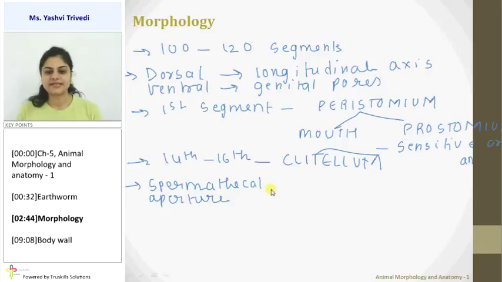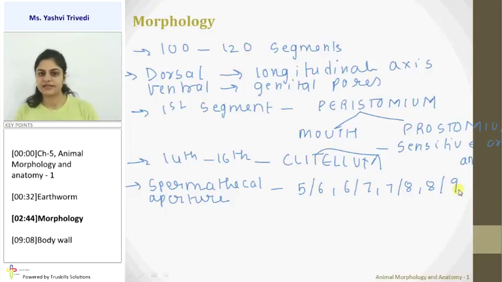Spermathecal apertures are present in the intersegmental septa on the ventrolateral side of segments 5-6, 6-7, 7-8 and 8-9. That means between these two segments the septa are there, and over there on the ventrolateral side a pair of spermathecal apertures will be there. So in total there are 4 pairs of spermathecal apertures present.